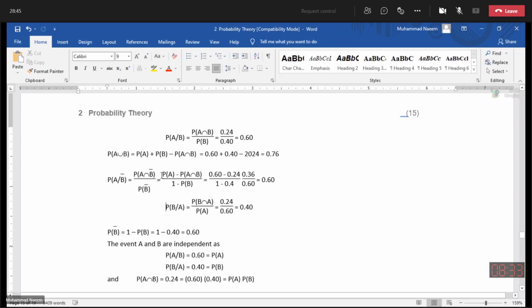How is the numerator equal to probability of B minus A intersection B? Okay, we check this through a diagram.